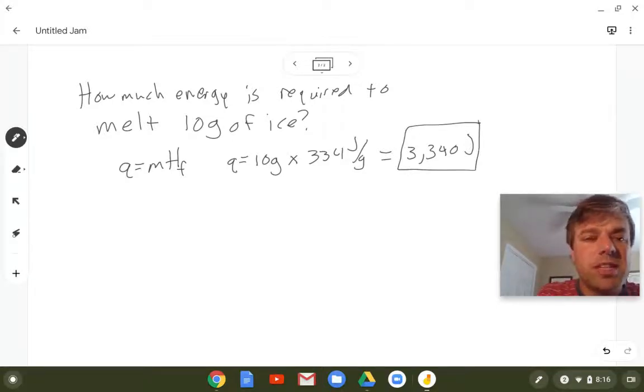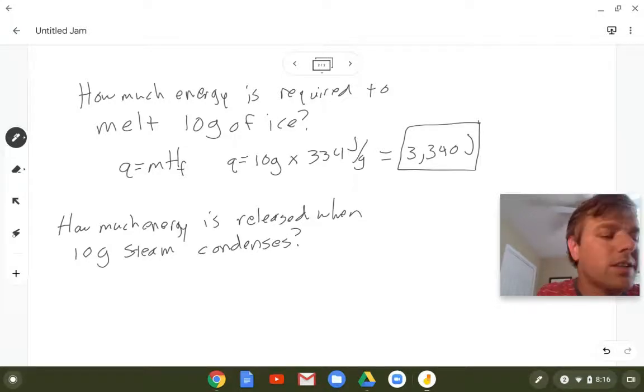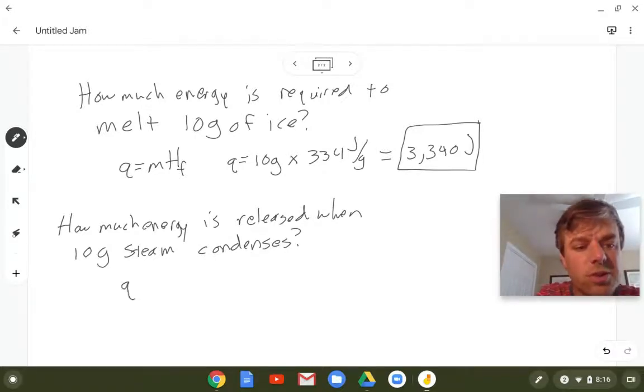In a similar vein, I could ask how much energy is released when 10 grams of steam condenses. Well, condensation and vaporization are 2 sides of the same coin, so we're going to be using the heat of vaporization. So Q equals M times HV.